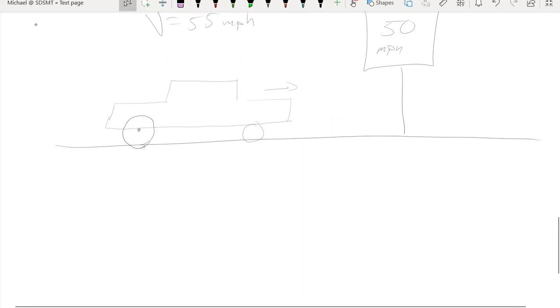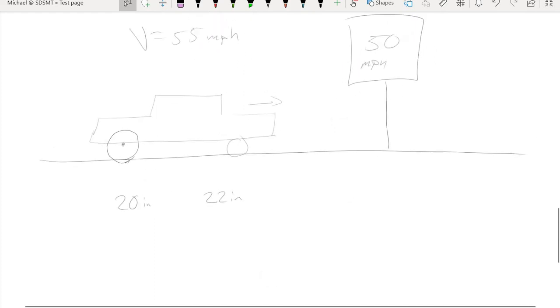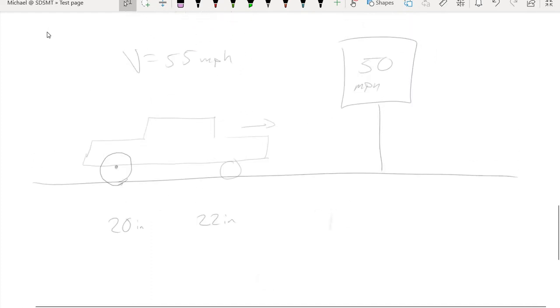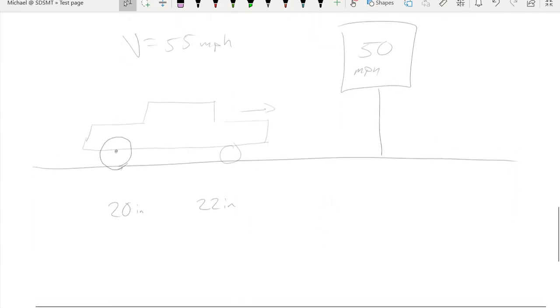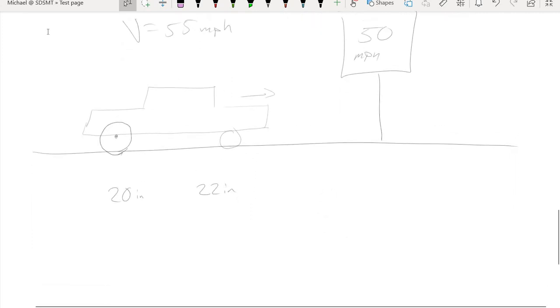And the original tires that I had were 20-inch tires. The ones that my dad had me put on were 22-inch tires. Now, your car doesn't actually measure the velocity with which you're traveling down the road.